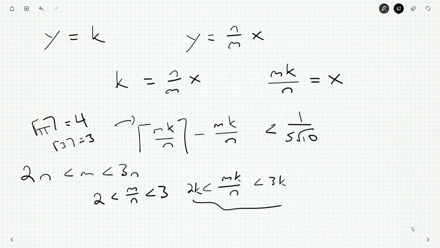But darn it, I don't like the ceiling function I've got there, and I don't like the fact that an m times n still hasn't appeared. I'm not happy about that. Okay.